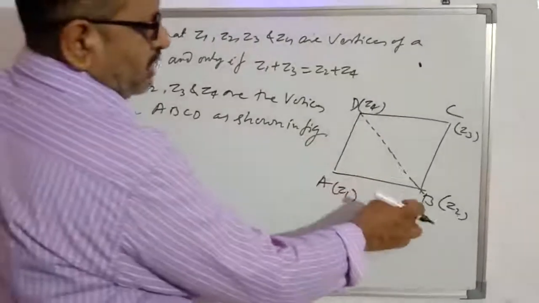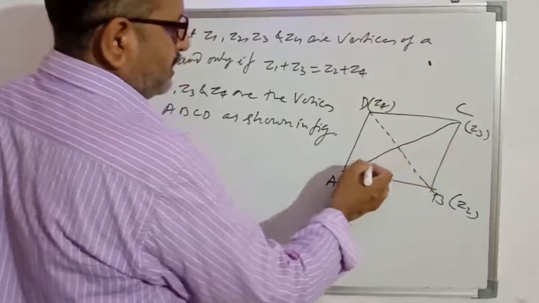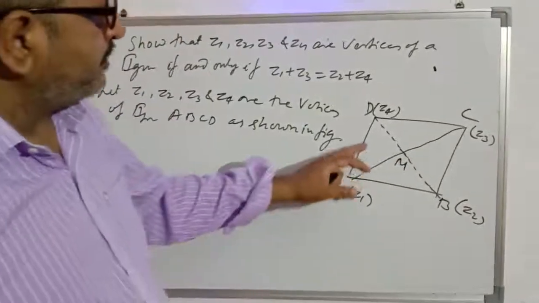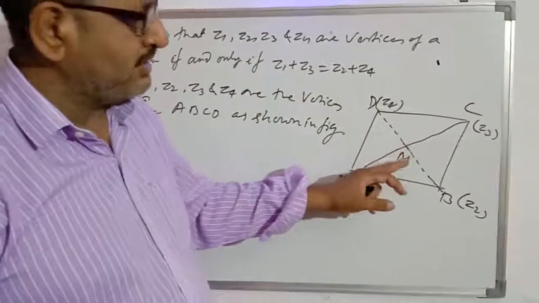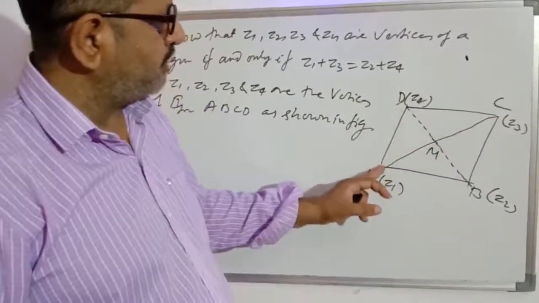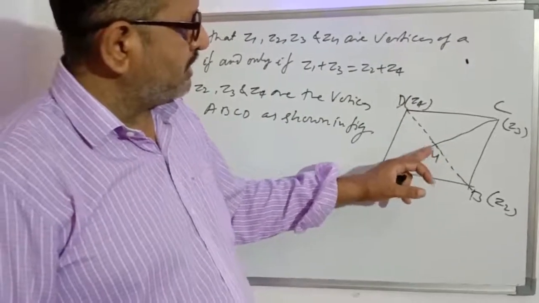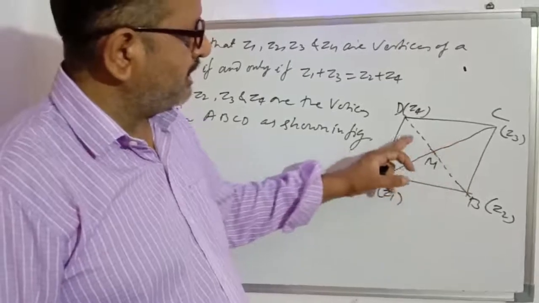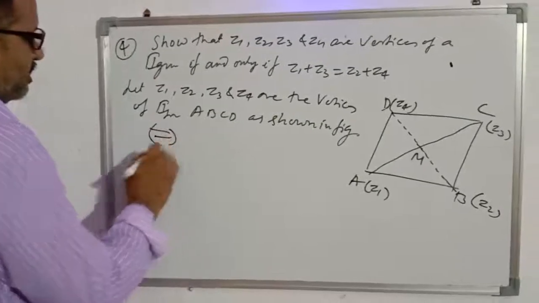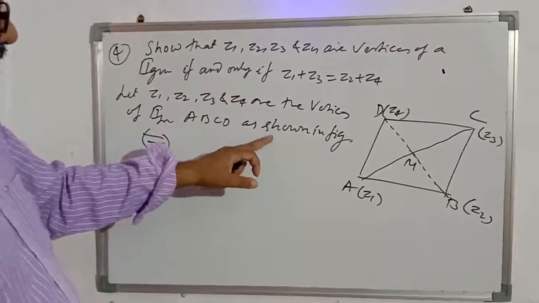So we will join both the diagonals DB and AC. We know that in a parallelogram, diagonals bisect each other. After joining both the diagonals, we get M as the midpoint of diagonal AC and diagonal BD.